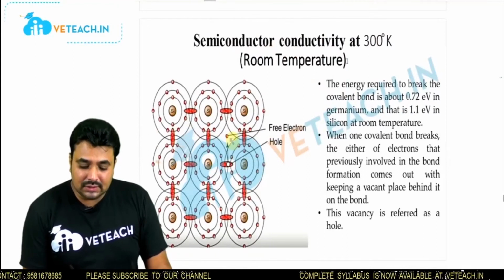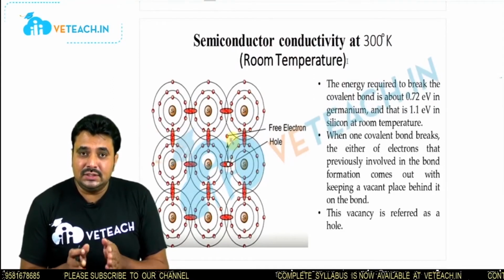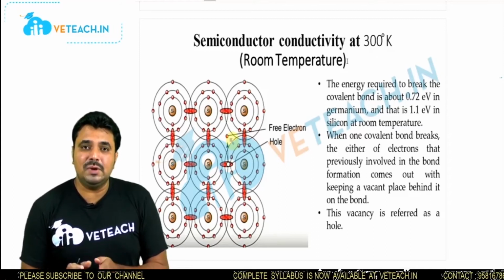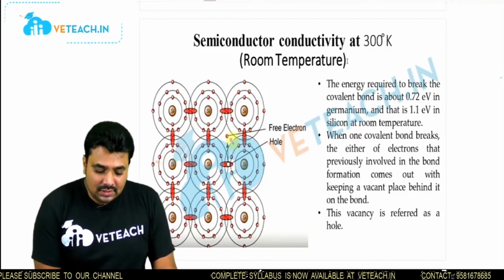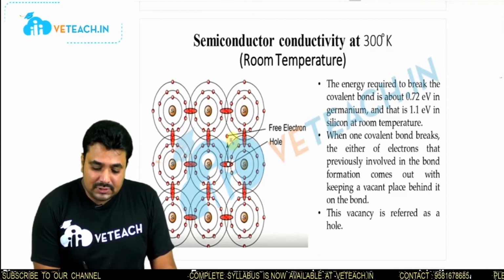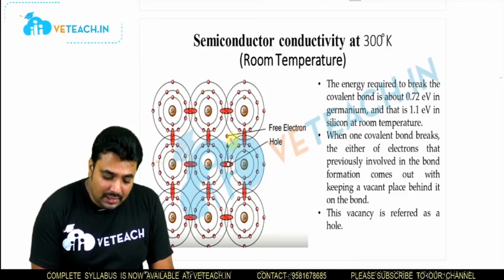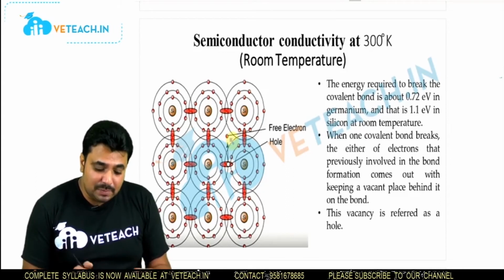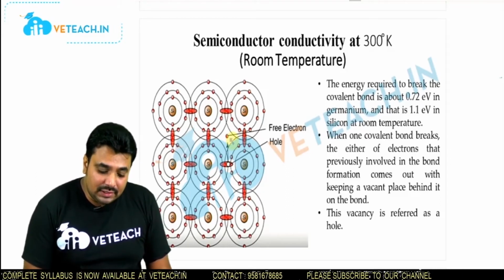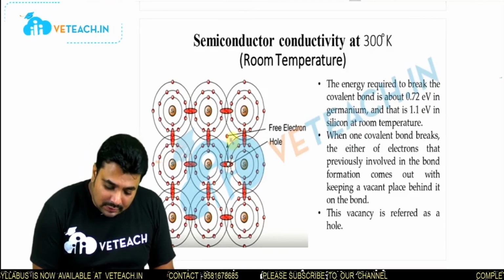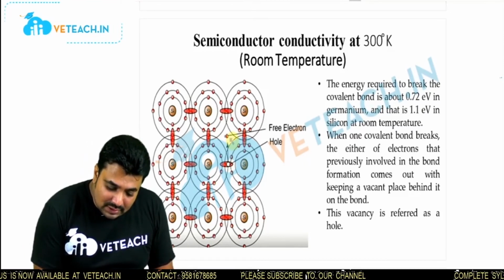Now, the conductivity of a semiconductor at 300 degrees Kelvin, which we can call room temperature. How will the semiconductor behave? At room temperature, 300 degrees Kelvin, the bond is going to break, and the electron which is present in the bond comes out. Then the electron becomes a free electron.